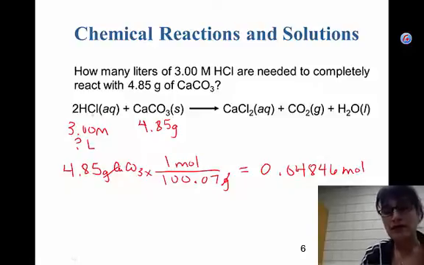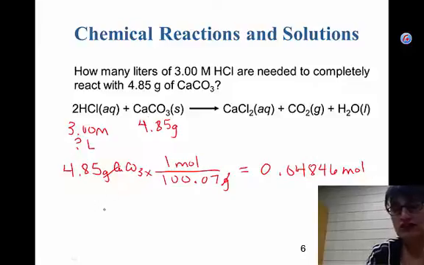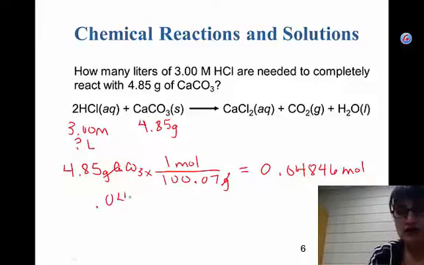Now, I'm asked to find something about HCl. So now my second step is to do a mole ratio between CaCO3 and HCl. So I have 0.04846, and this is moles of CaCO3.